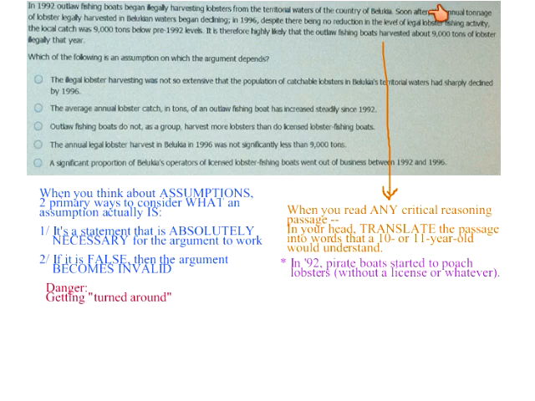Yeah, the legal fishing boats didn't catch as much lobster, right, in terms of total pounds or whatever. So the amount of lobster caught by the legal boats went down.